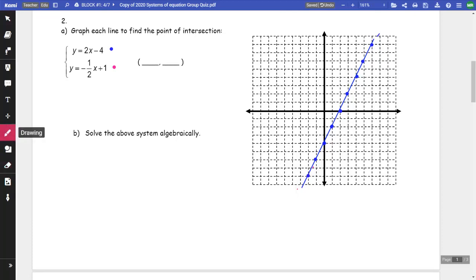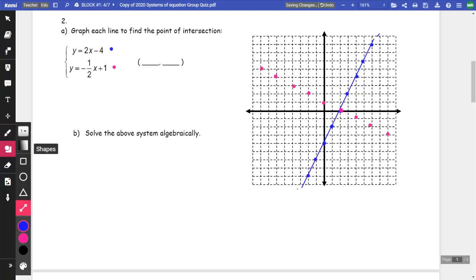Okay, so I'm going to start at +1 this time for the second equation. It's going to start at +1, and we're going -1/2, so down 1 over 2. And you see I just right there landed on my point of intersection. Okay, up 1, backwards 2, just so I can get my line. Okay, draw my line in.